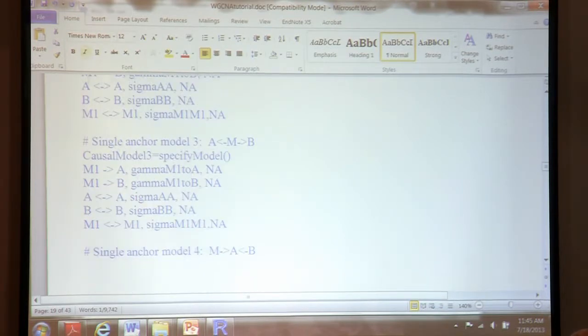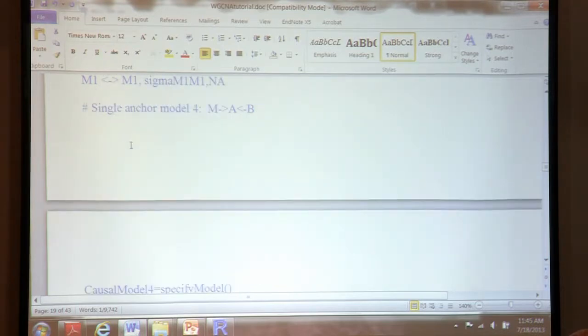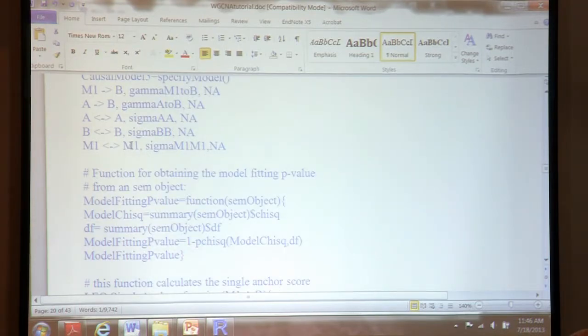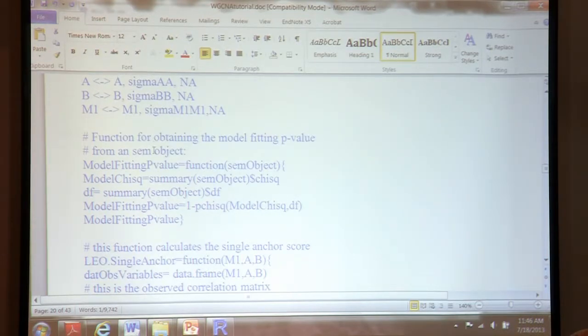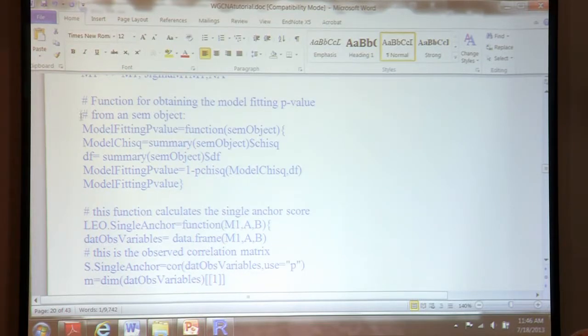So in any event, you specify these 5 causal models, and then the next thing is you need to calculate a model fitting p-value for each of these causal models. And this is accomplished by using this function, model fitting p-value. And the function takes as input a structural equation model object.